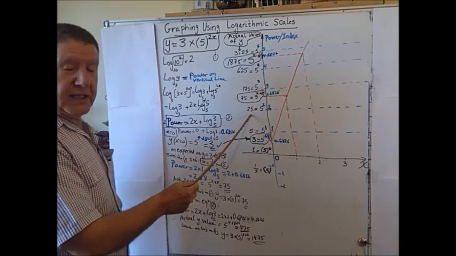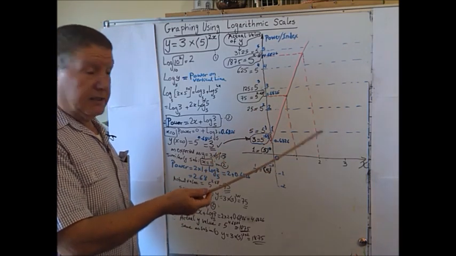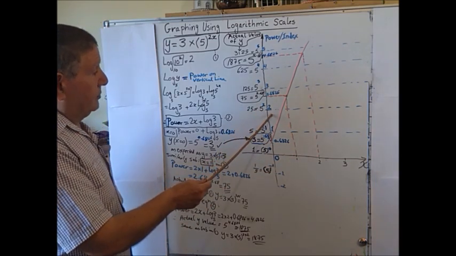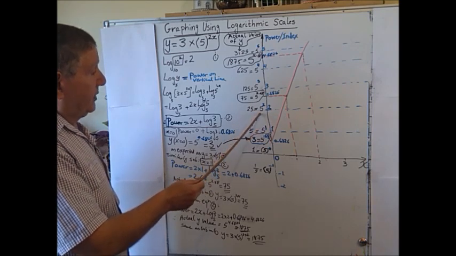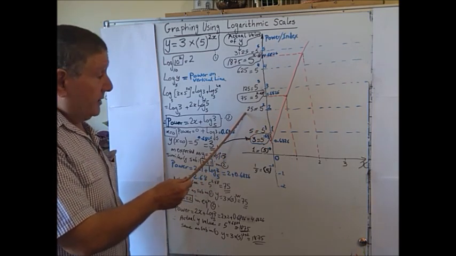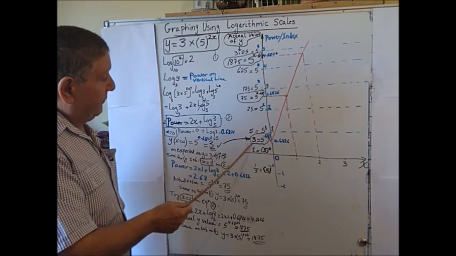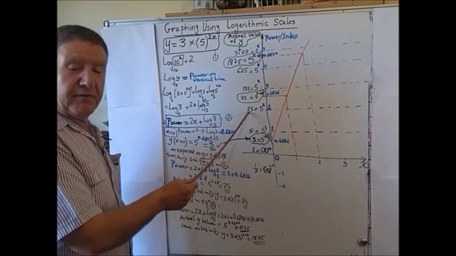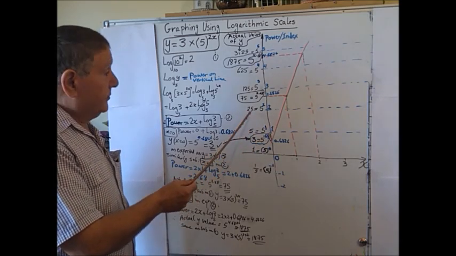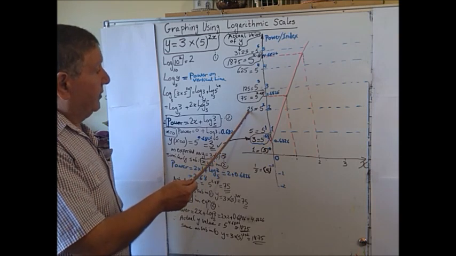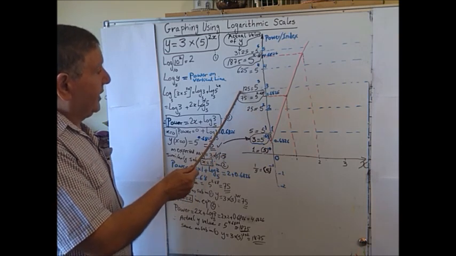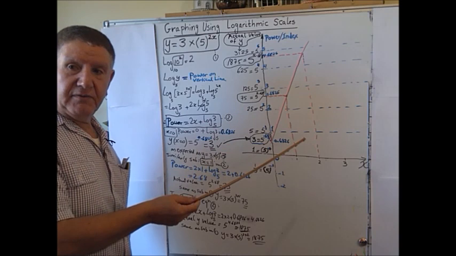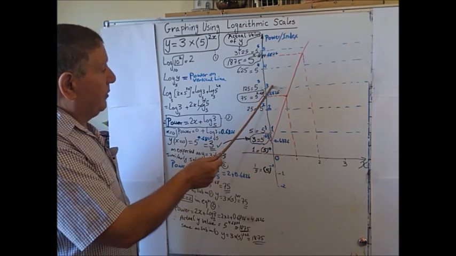But this is not 10, so it's not linear. This is 5 to the power 2, that is 5 squared, which is 25. As if from here to here we multiplied by 5, since we have a base of 5. The next one, we multiply again by 5, so 125, which corresponds to the power of 3.